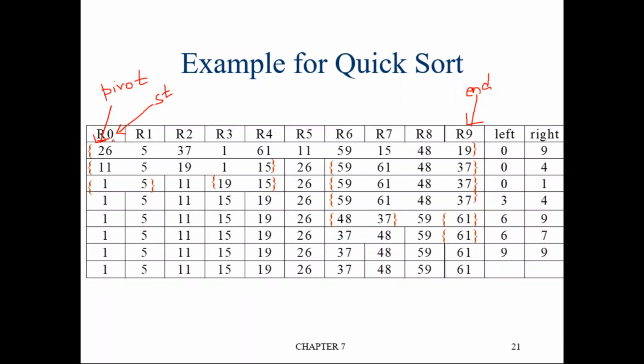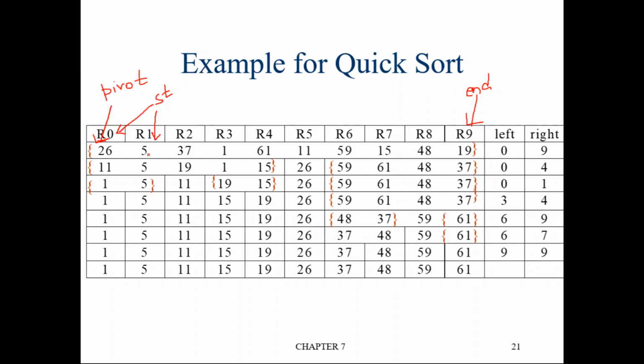Now the pivot element is 26. Whatever the element at start location, you check whether this element is less than or equal to the pivot element or not. The element at start is 26, the pivot element is also 26, so it is less than or equal to pivot. So increment start. Now start will become 1.